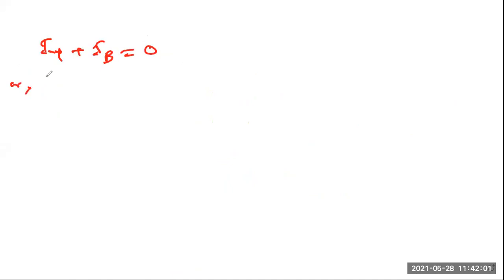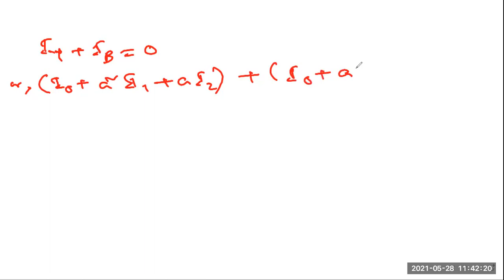So you can write this as I naught plus a square into I1 plus a into I2, plus I naught plus a into I1 plus a square into I2.